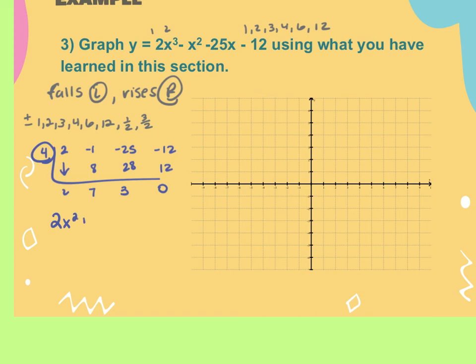Now I get 2x squared plus 7x plus 3. And I want to see if this is factorable. 2 times 3 is 6. Factors of 6 that sum to 7: 1 and 6. Replace the middle with those. Factor by grouping.